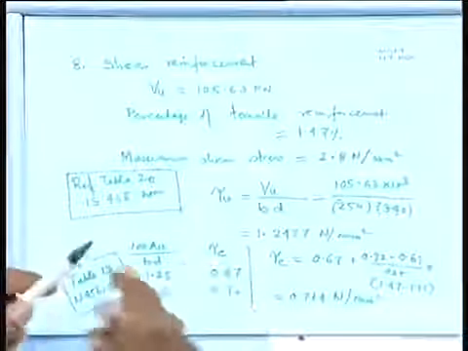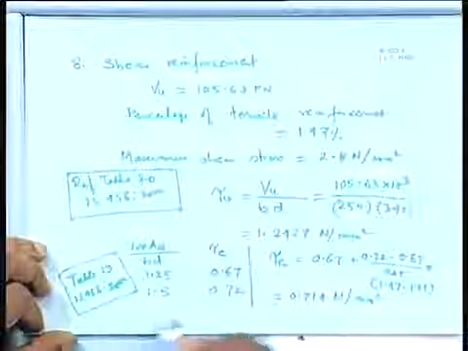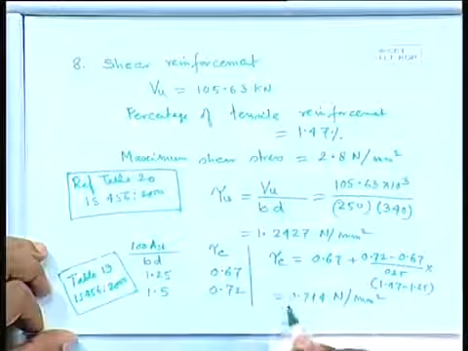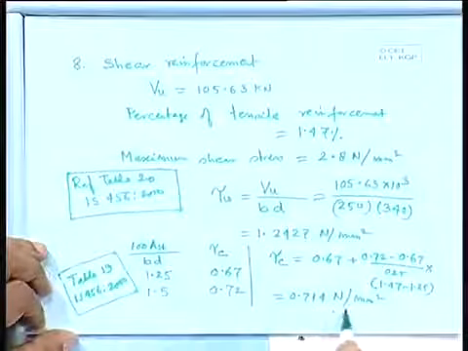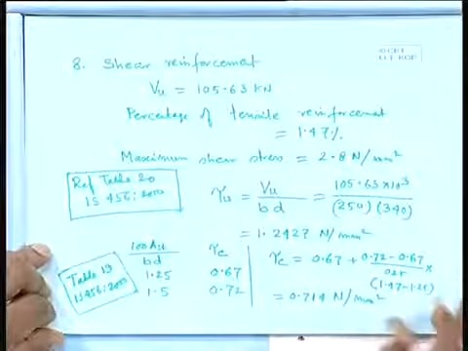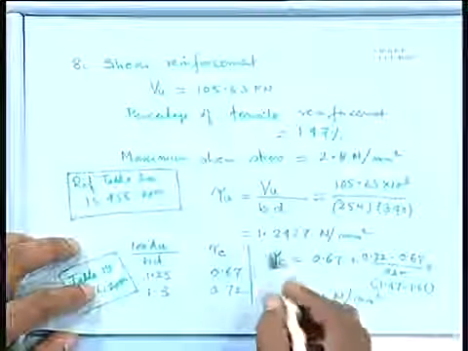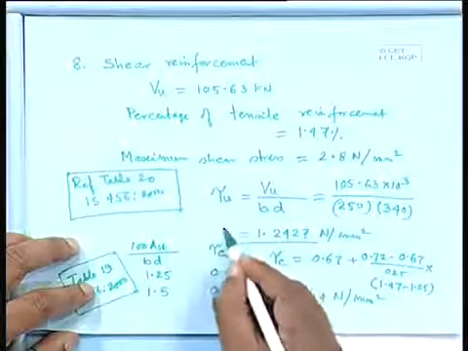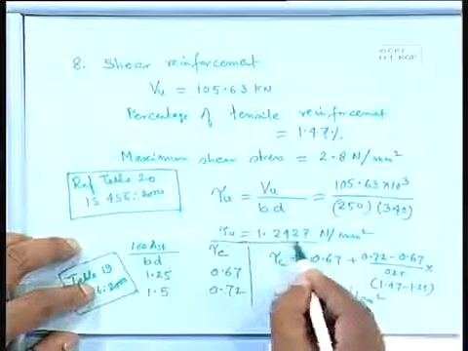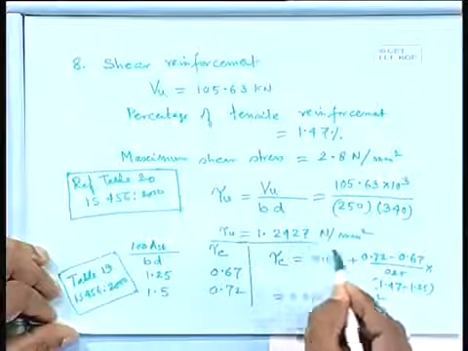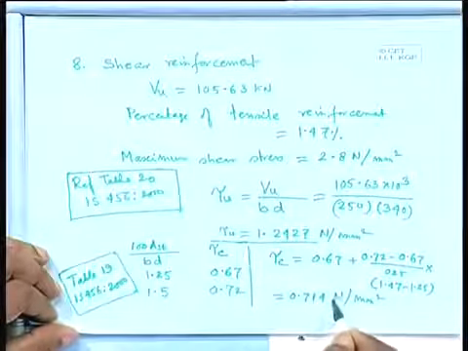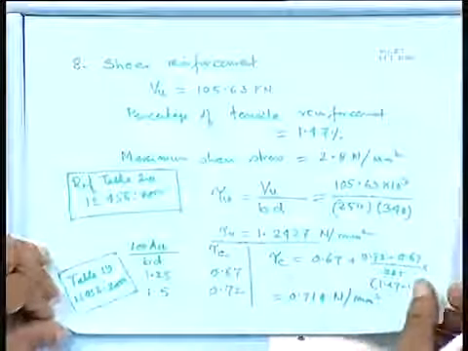That composition we get from table 19, and tau C equals 0.714 Newton per square millimeter, which is less than tau V, the one we have computed, 1.2427, which is greater than 0.714. So, we need shear reinforcement.